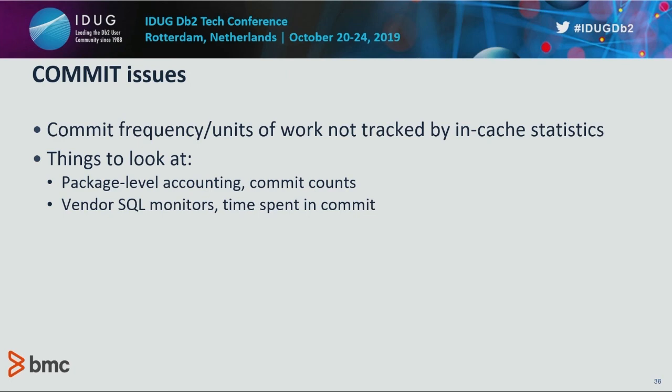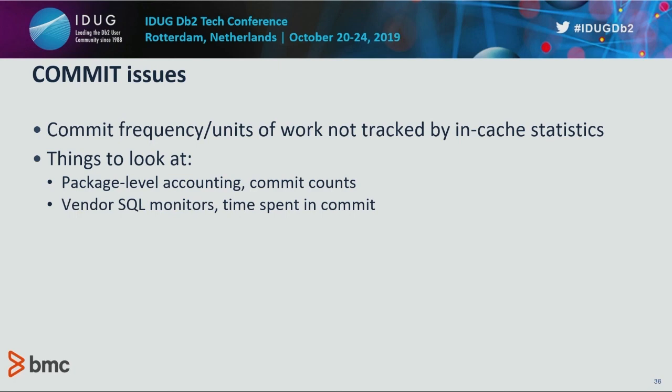So your application could be affected in terms of performance and also recoverability due to commit frequency. These in-cache statistics don't really track what's happening with your commit activity.